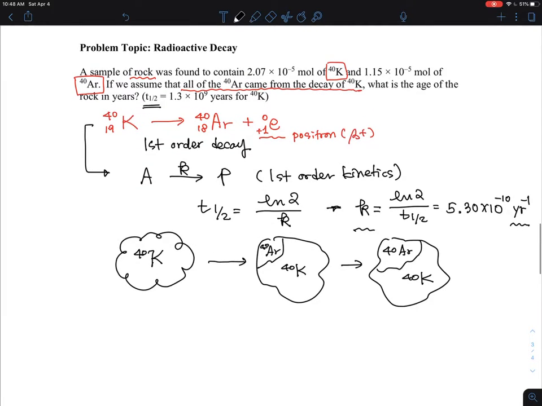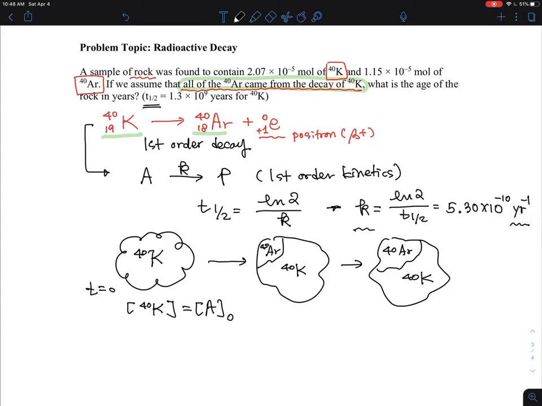So I want to know the initial concentration of the potassium-40. In my notation, this is the initial, at time 0. The important clue given here is that all the argon came from the decay of potassium-40. So whether it changes or not, the number of moles of argon and potassium at any time represents the initial number of moles of potassium.